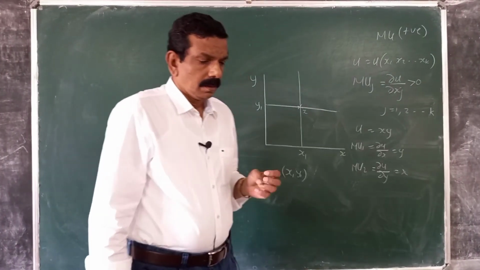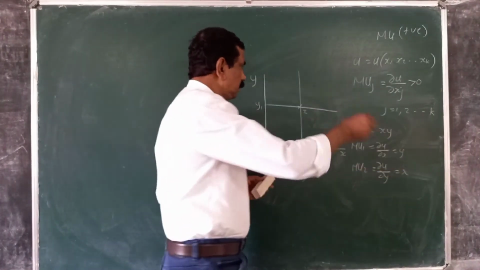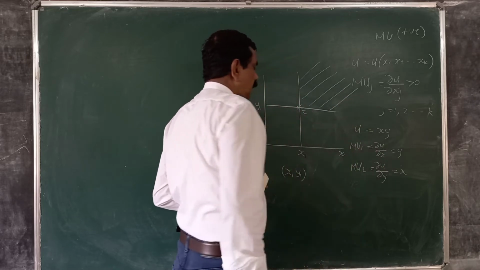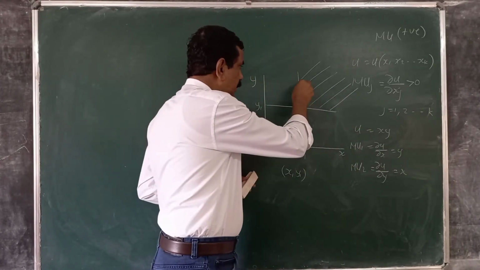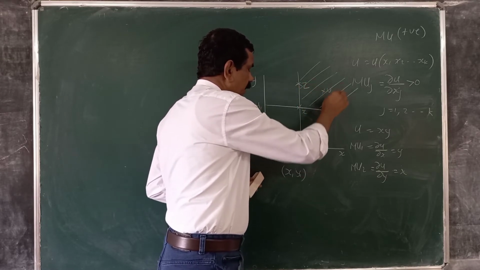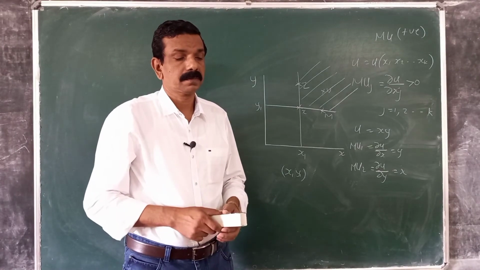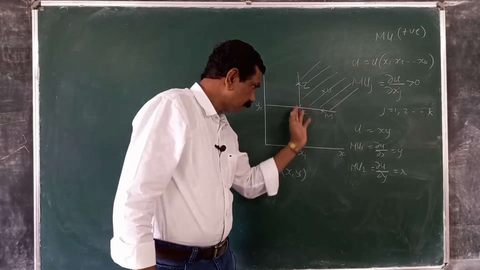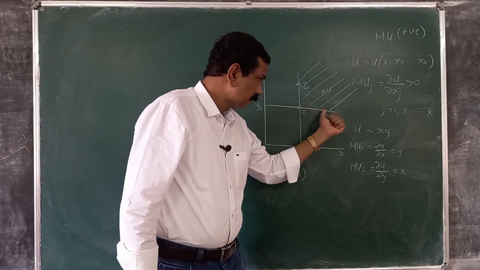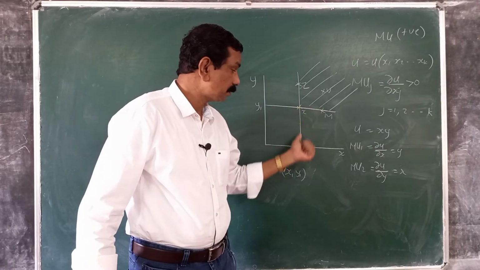Now, if you compare this bundle with any bundle in this shaded area, the non-saturation axiom states that any bundle such as Z, M, U, etc. are preferred to X. That is, given an initial bundle X, any bundle consisting of more of at least one commodity is preferred to the initial bundle.